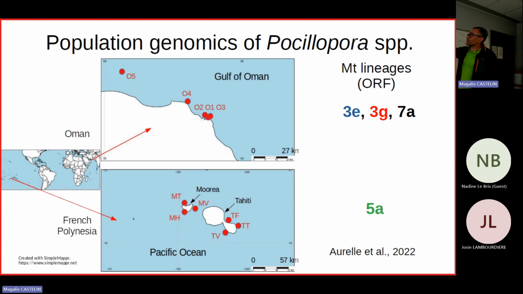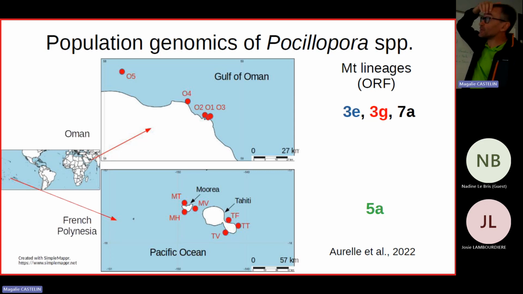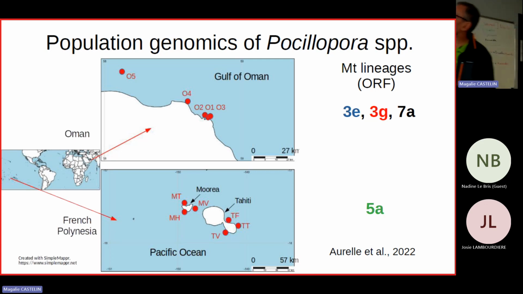Just to say also that first we sequenced the mitochondrial ORF to check if there were the same species. So we had 3 main mitochondrial lineages. In Oman, 3E, 3G, 7A.